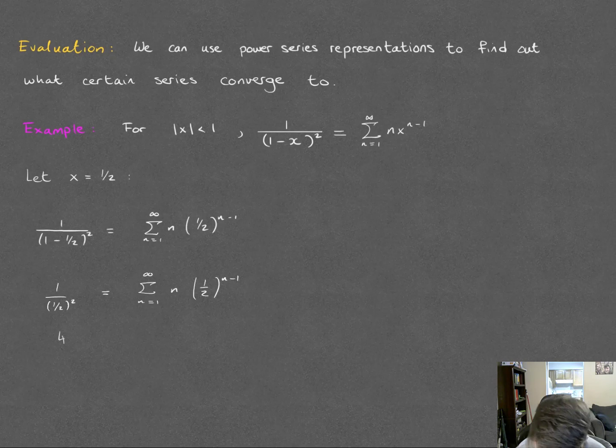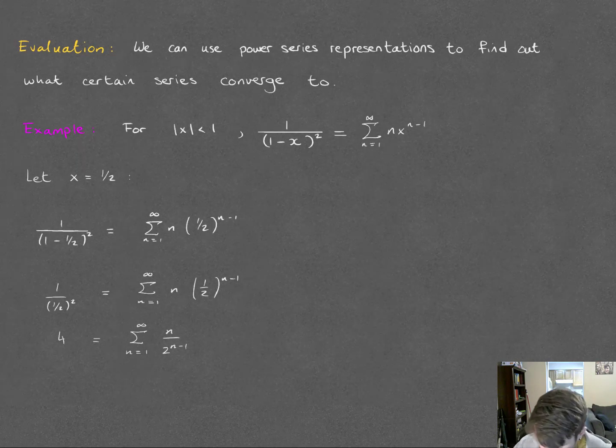And then the left-hand side is clearly just equal to 4. So, I have this sum from n equals 1 to infinity of n over 2 to the n minus 1 is equal to 4. So I have this crazy looking series that I could have proved converges using other methods or whatever. But now I know what it converges to. So that's very useful.